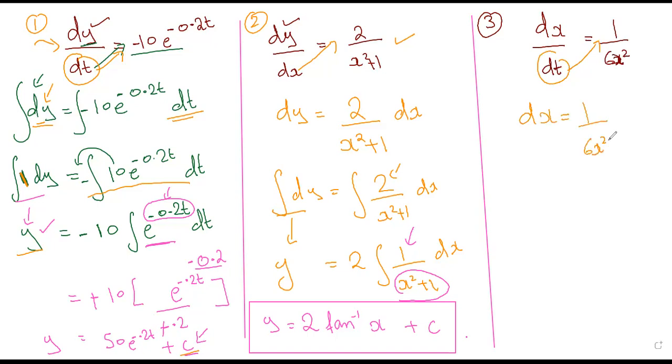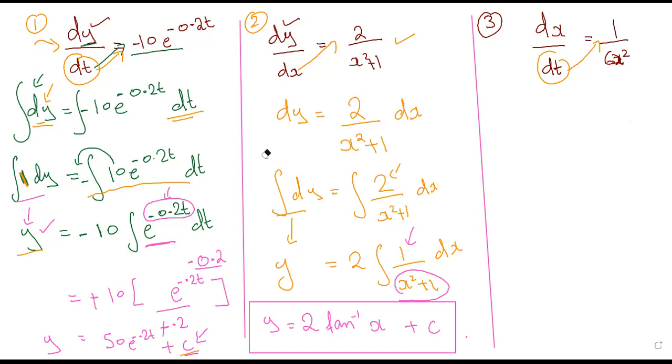Now this is a problem. Why? Because dx is on this side and x is on the other side, and we cannot integrate this function with respect to t because we don't have t, we have x. So things are a bit problematic, but no worries, we just have to make a small change and everything will be the same again.